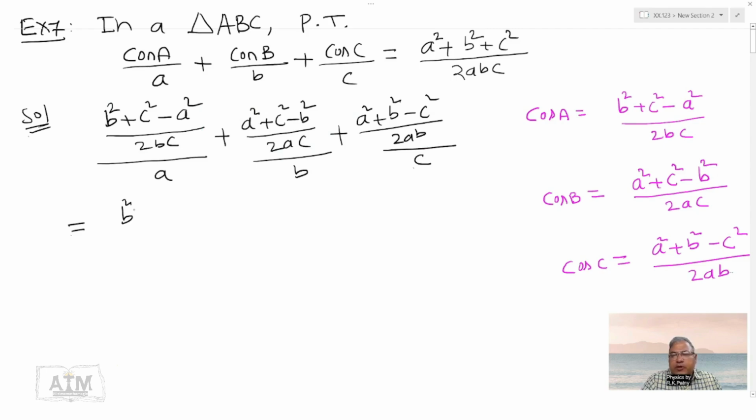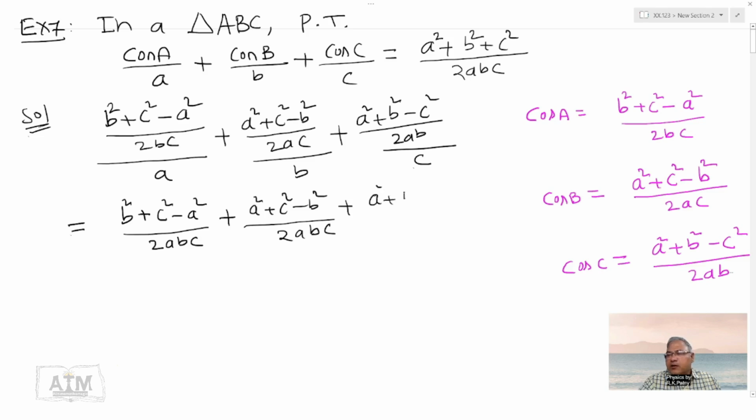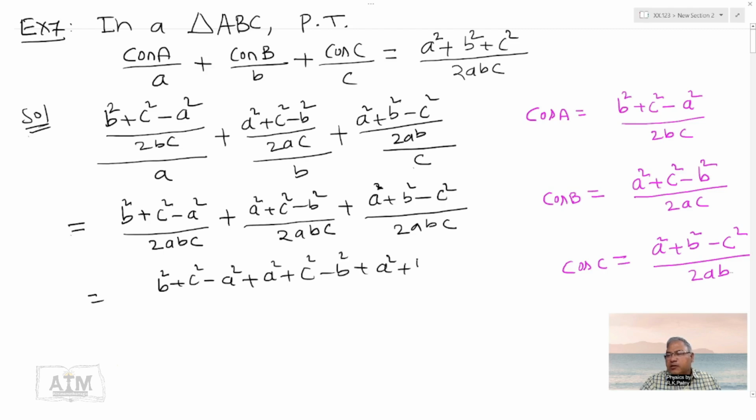This becomes B square plus C square minus A square upon twice ABC plus A square plus C square minus B square upon twice ABC plus A square plus B square minus C square upon twice ABC, which equals B square plus C square minus A square plus A square plus C square minus B square plus A square plus B square minus C square upon twice ABC.